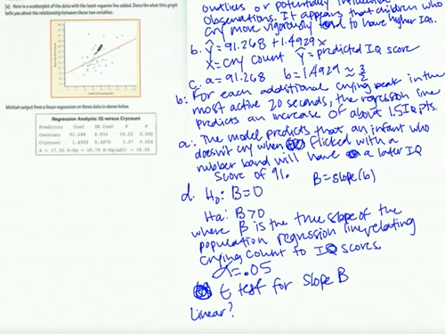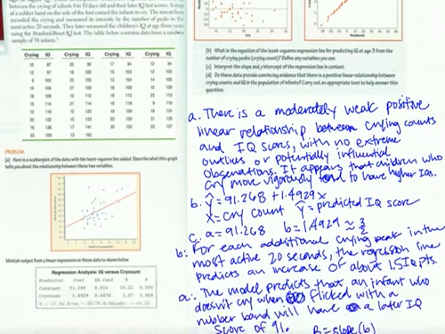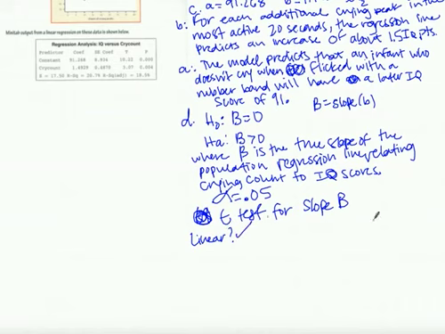We said the scatter plot suggests a moderately weak positive linear relationship between crying peaks and IQ. We can also tell that the residual plot would show a random scattering of points about the residual y equals 0. If we look at the residual plot here, we'll say that linear is good.